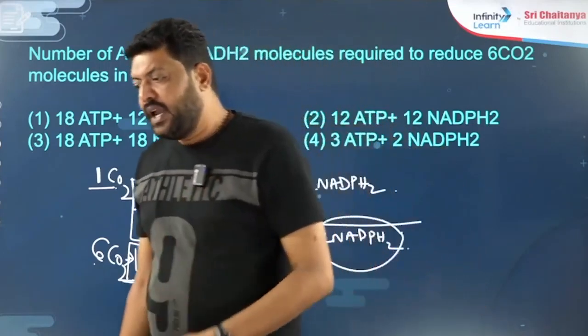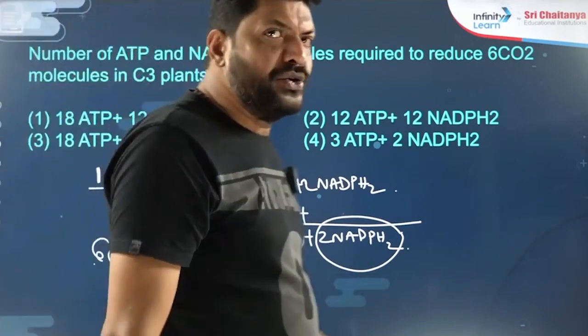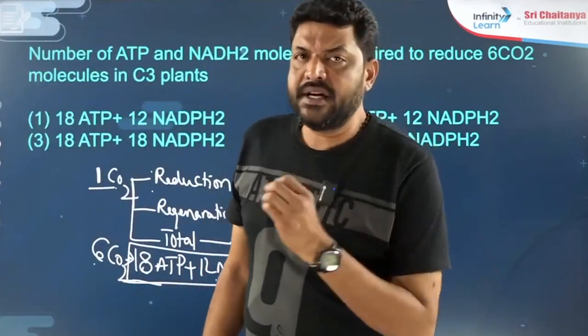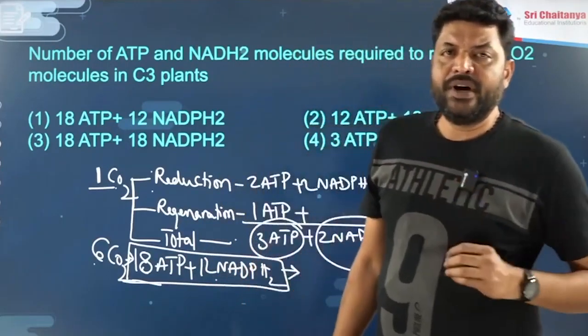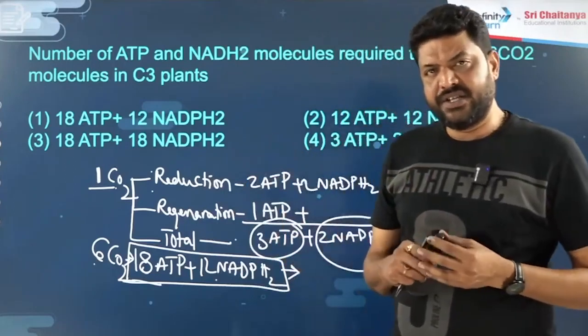Hence ATP plus NADPH2 together are called reducing power or assimilatory power. Assimilatory power or reducing power is synthesized in the light reaction.